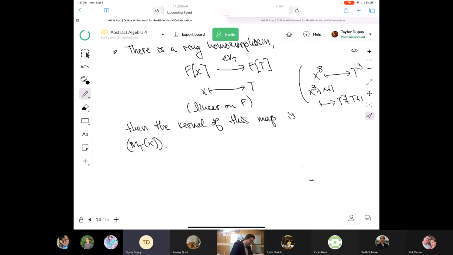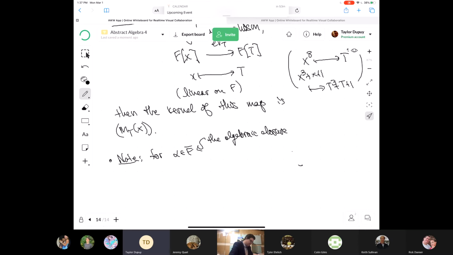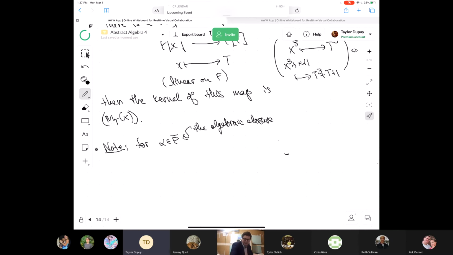Okay, this is the same thing as for, say, alpha an element of F bar, the algebraic closure of F. So last semester you guys talked about minimal polynomials associated to algebraic elements, right? The kernel of the evaluation at alpha map.